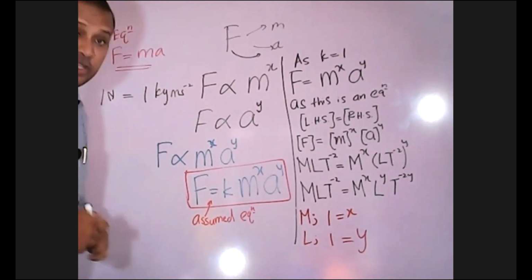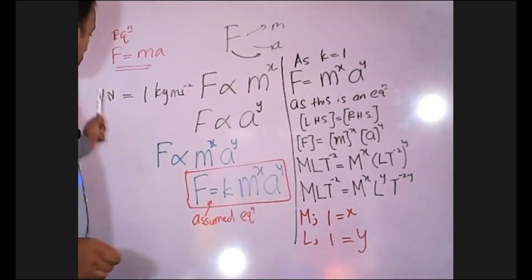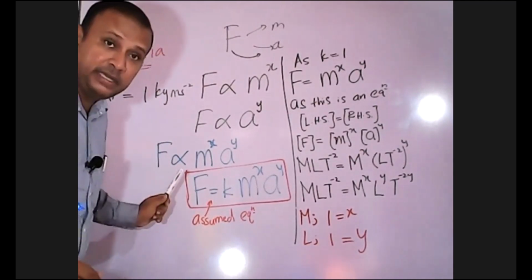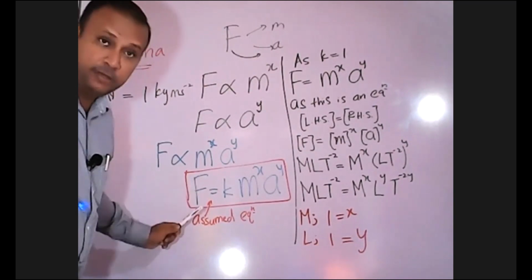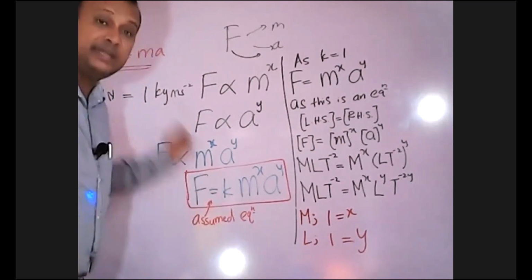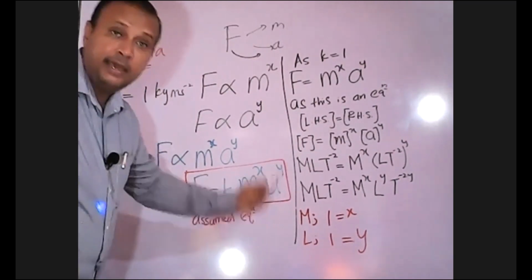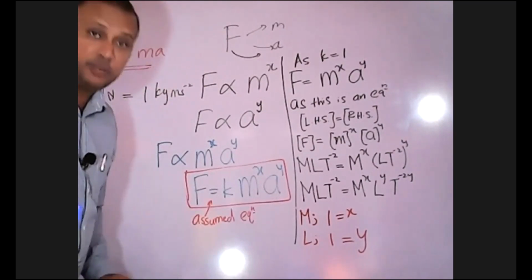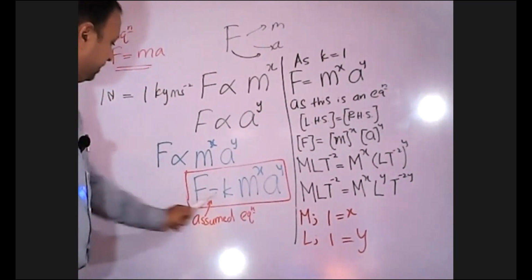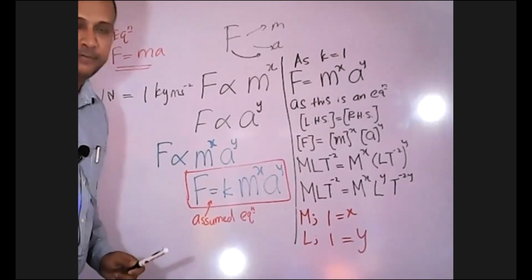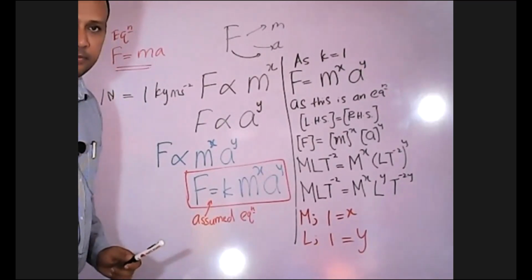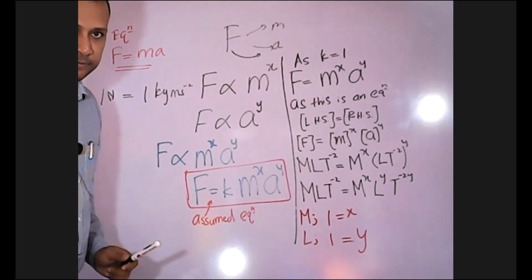1 kg m s minus 2 is equal to 1 Newton. So if I take force in Newton, mass in kg and acceleration in m s minus 2, definitely K should be 1. Do you understand? Yes, sir.